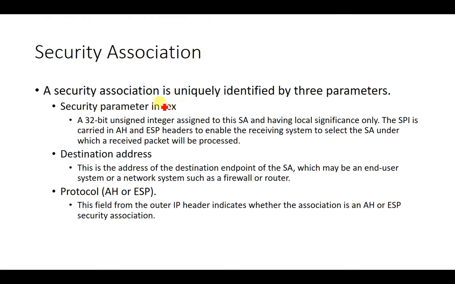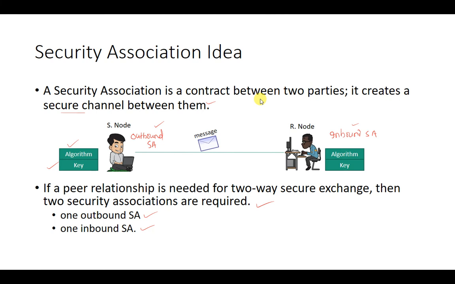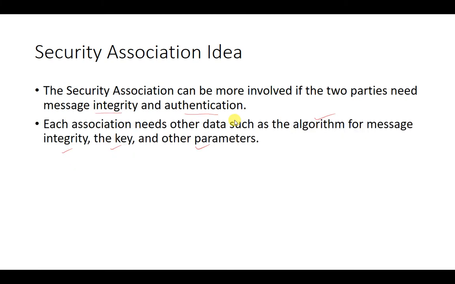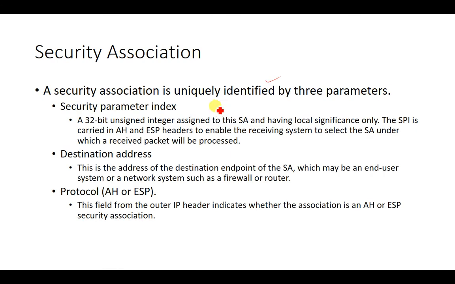Now, a security association is uniquely identified by three parameters. If you think about the S node and R node, how is the security association identified? There are three parameters which define the association between both parties. One is called the security parameter index.